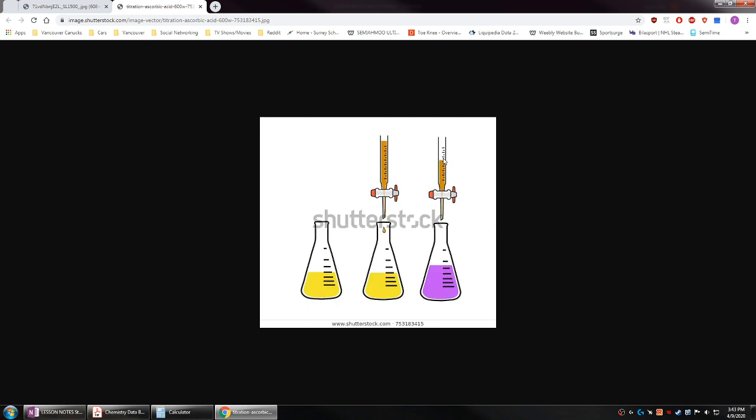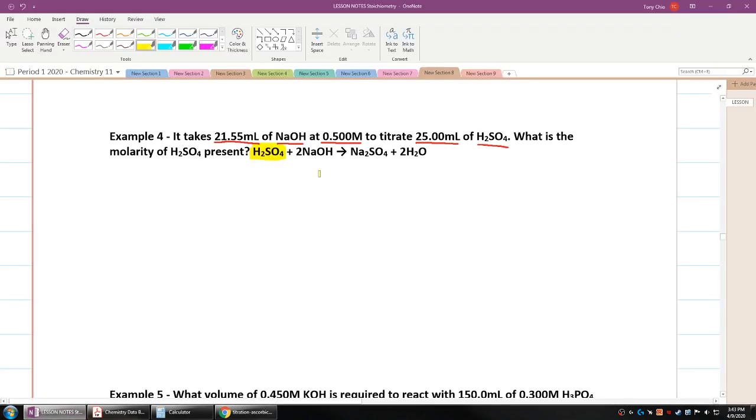And only after you added 21.55 milliliters of NaOH does this flask reach equivalence point. Only then does it reach its equivalence point, so you can use your mole ratio to solve. So what do I do? Well, I have to find how many moles of NaOH I have, because if I find how many moles of NaOH I have, I can now find how many moles of H2SO4 I have.